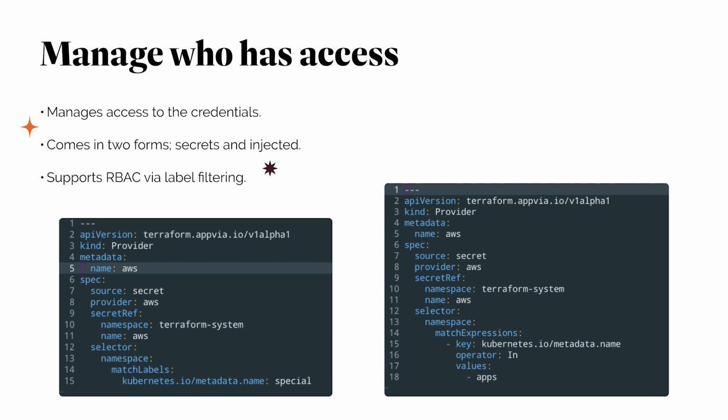I'm saying that this particular credential can be used by anyone that is inside the namespace special. Great. And on the right-hand side, it's pretty much the same thing, but I've got an array rather than a single value, and I can say, well, anyone in apps, and I could add another one like apps 1, apps 2, apps 3, they can use that credential. That's one way of granulating down.